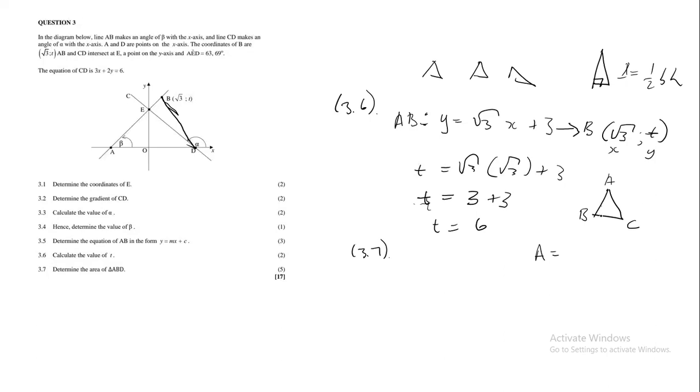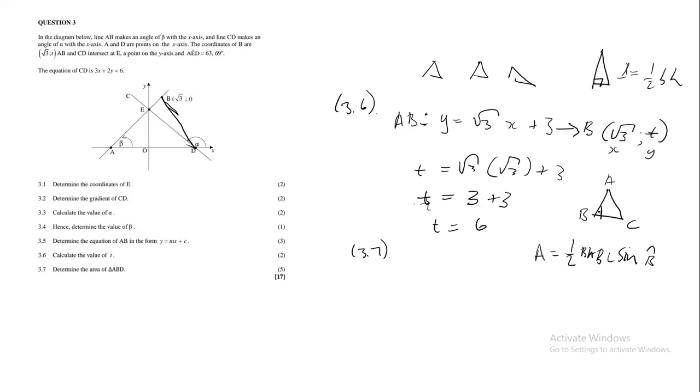Let's say you know the magnitude of this angle. Then you use the adjacent sides, which means you say half multiplied by BA multiplied by BC multiplied by sine of angle B. This is the area rule that you can use.